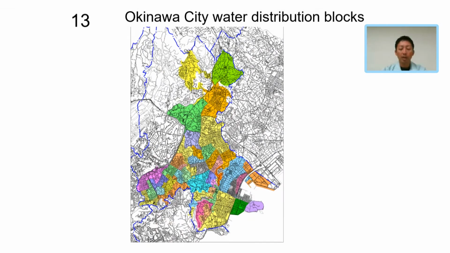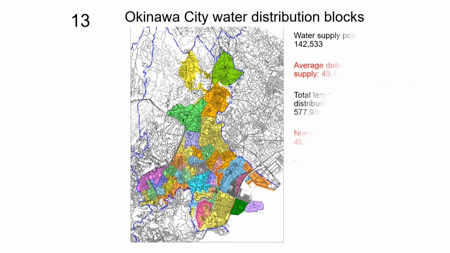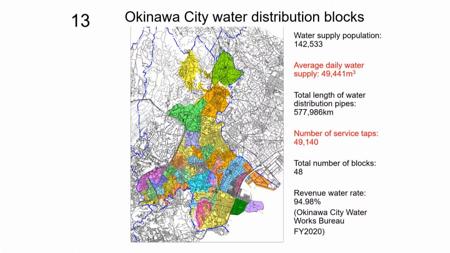Now, let me give you the overview of distribution block system in Okinawa City. According to our annual statistical report of 2019, the number of population served was 142,533. Average daily water supply was 49,441 cubic meters.